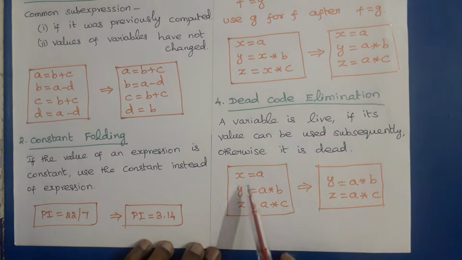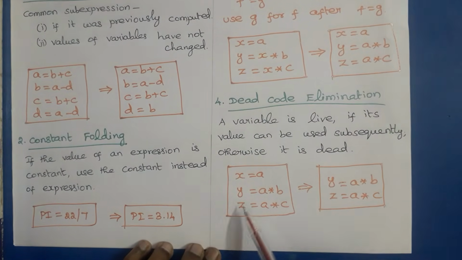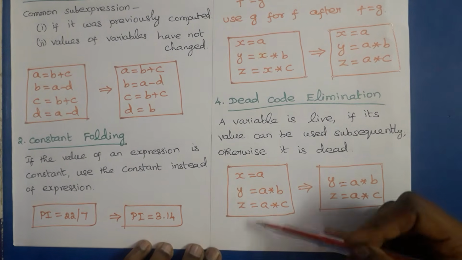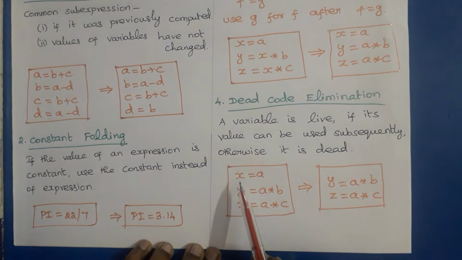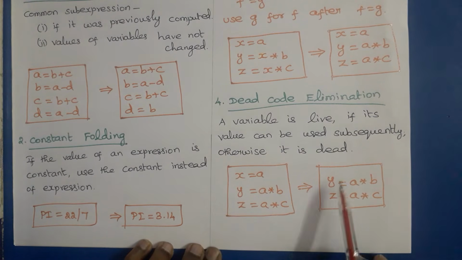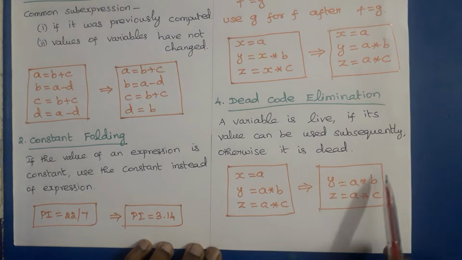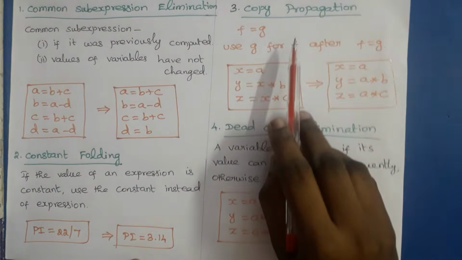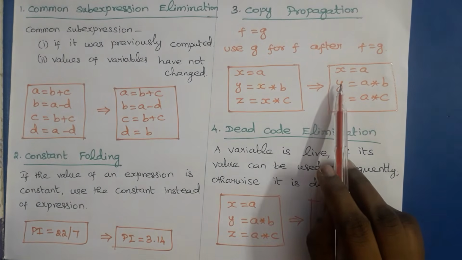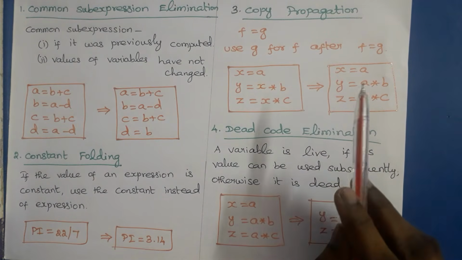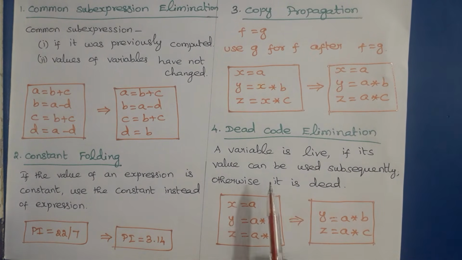In the same block, here x is not used after this point, so we can say that x is dead. So we can safely remove this copy statement completely, and we get only two statements in the block. So normally copy propagation will create dead code, dead variables, and that can be eliminated by using dead code elimination.